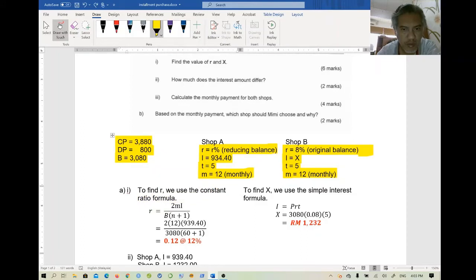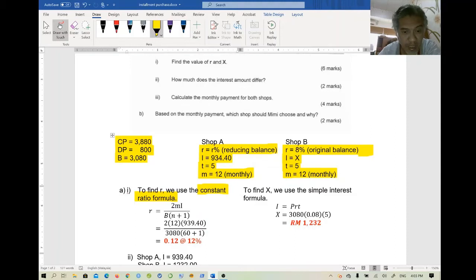Okay, so we have to use the constant ratio formula, and in general the constant ratio formula is given as I equal to BR(n plus 1) divided by 2m. So we simplify the formula for R, so we have R equal to 2mI divided by B(n plus 1).